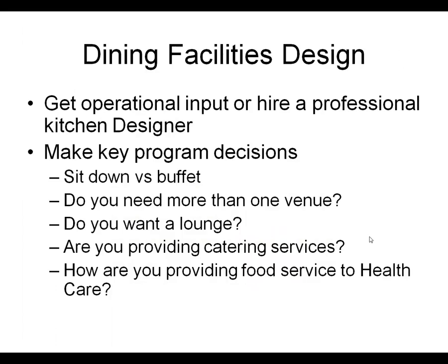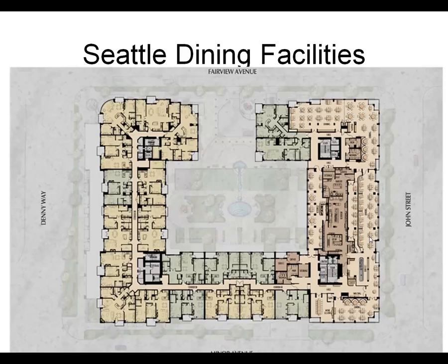One of the big questions in all senior housing communities is what kind of dining facility do you want? And the type of dining that you're going to have will have a large impact on how you design it. Seattle dining facilities are located, I believe, on the 17th or 18th floor.